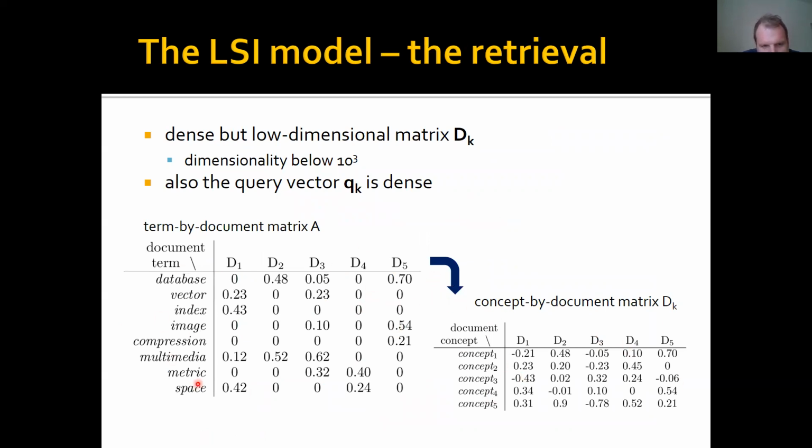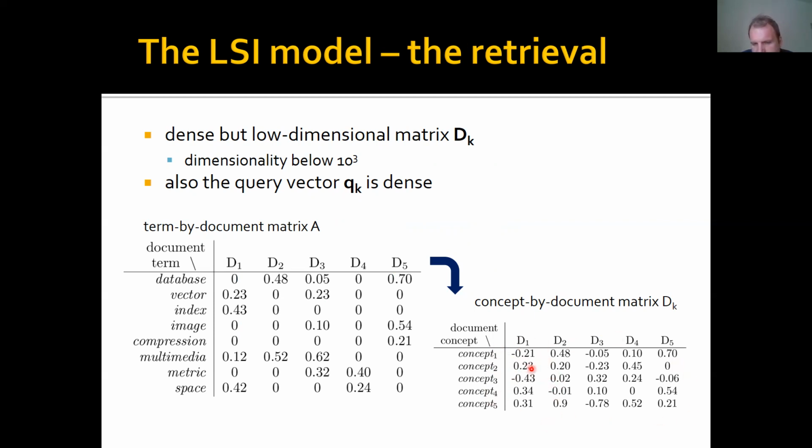So we started with a very sparse matrix that had very large dimensionality, but was nicely indexed using the inverted file and was compact because it was not storing the zeros. Now we have a very dense matrix. So on one hand, we have a very small number of concepts, reducing the number of rows here, but for the price of having everything very dense.